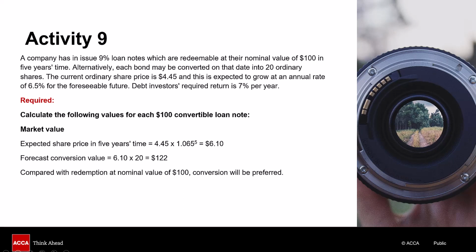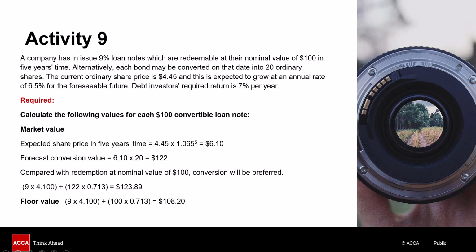Now, if you compare that to the redemption value of 100, conversion will be preferred. So therefore, the market value of the convertible loan note is 123.89. The floor value, therefore, is based on redemption of 100, and that will be 108.20. Hopefully you got those correct.